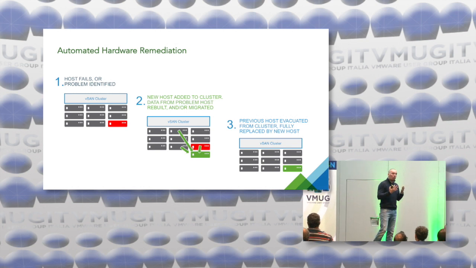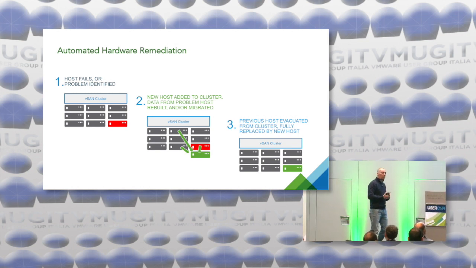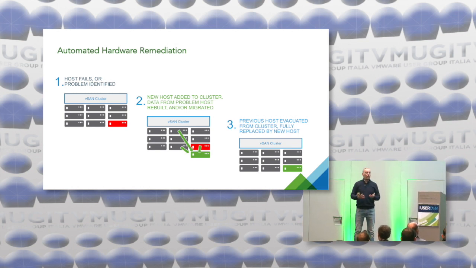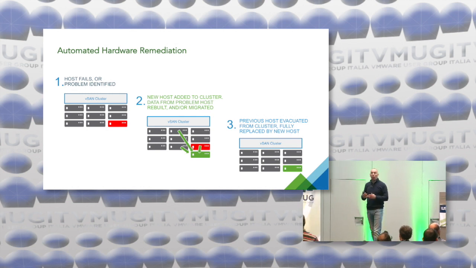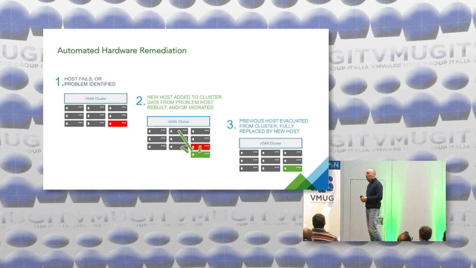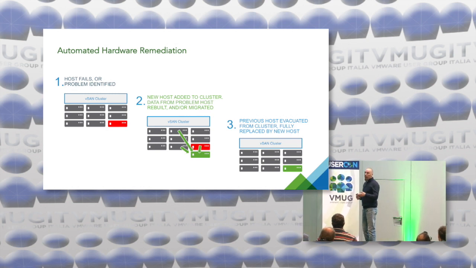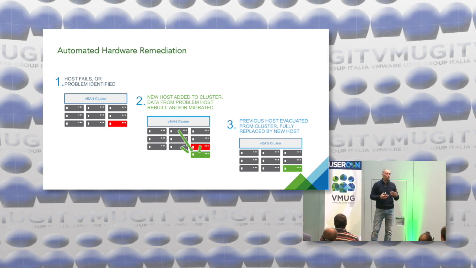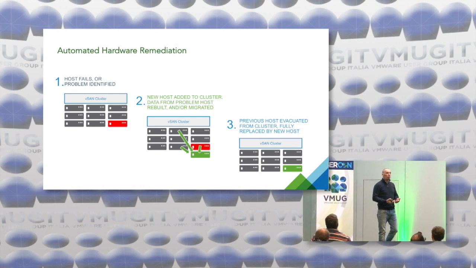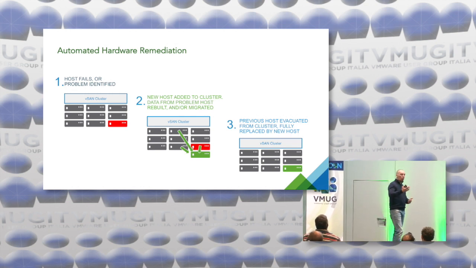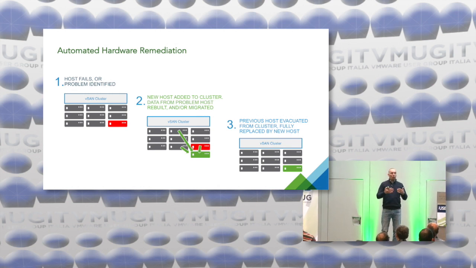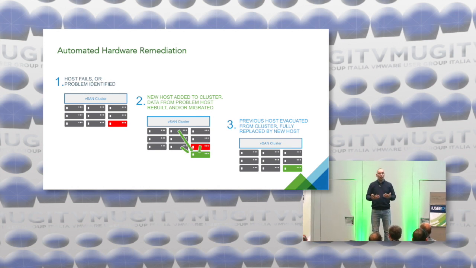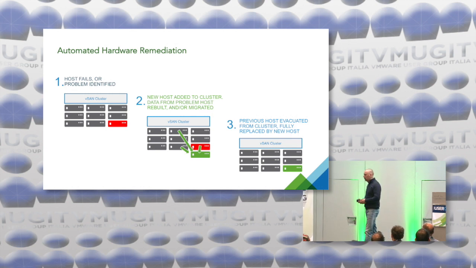So the amount of resources you pay for, as a customer of the service, is the number of resources you get, regardless whether there's a hardware problem or not. Same thing with patching. The moment we need to patch your system, we will add another host, we will remove the host, and we will patch the system for you. The number of resources always stays the same.